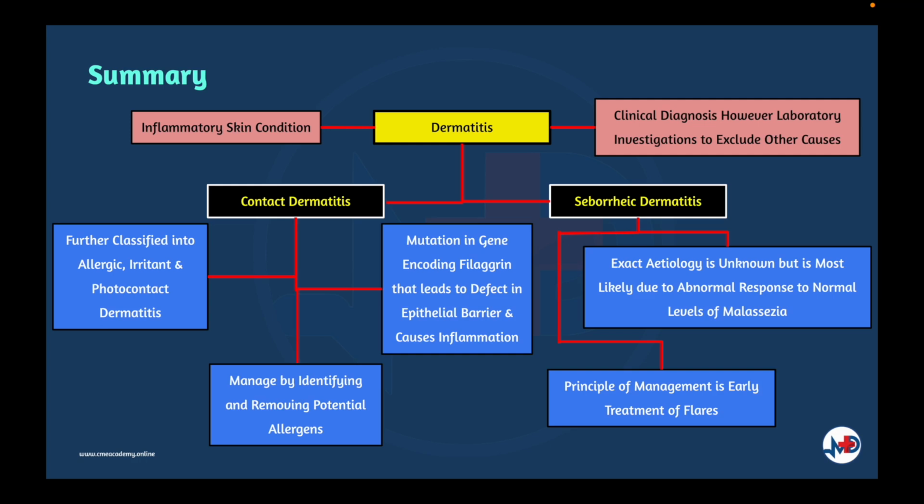Contact dermatitis is further classified into allergic, irritant, and photocontact. Dermatitis is diagnosed clinically, however, lab investigations might be required to rule out other causes and underlying conditions. Contact dermatitis is managed by identification and removal of potential allergens. Early treatment of flares is the principle of management for seborrheic dermatitis.